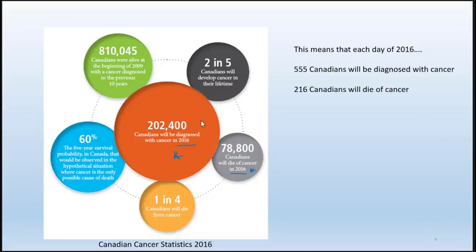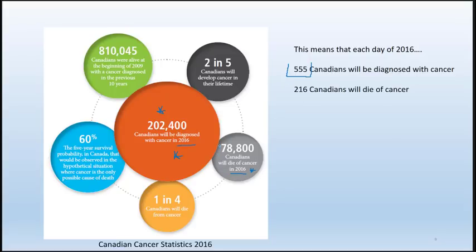What we can take from this is that every year, over 202,000 Canadians are diagnosed with cancer. And so if we look at this from a per day perspective, since this is referring to per year, over 202,000 are diagnosed with cancer, then if we look at it per day, we can say that 555 Canadians will be diagnosed with cancer every single day.